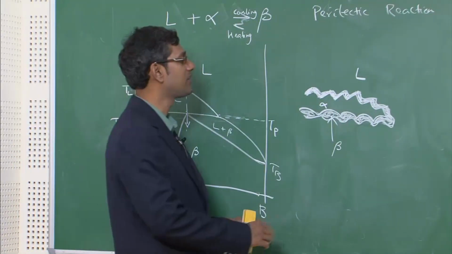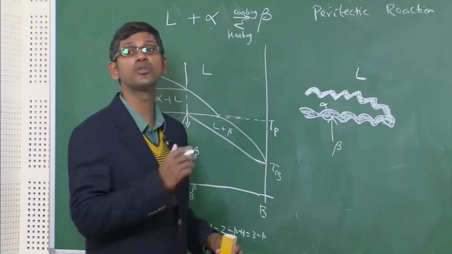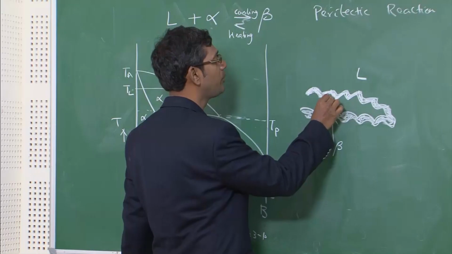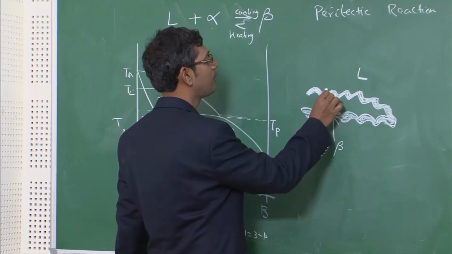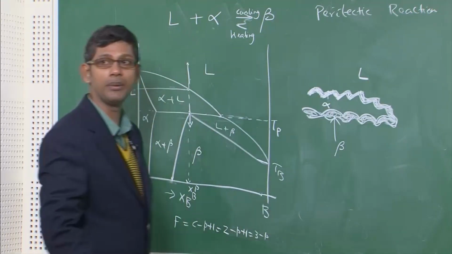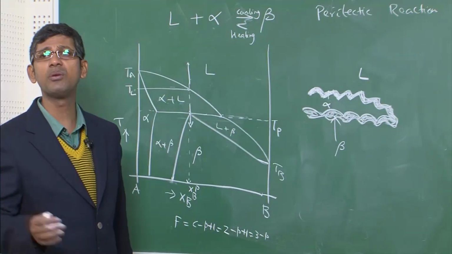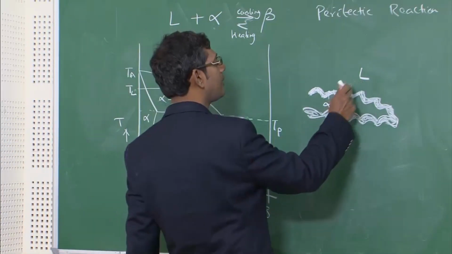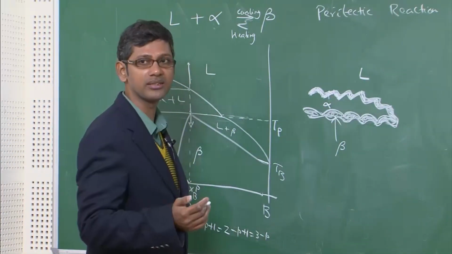In such a situation, for the reaction to go further, atoms in the alpha have to diffuse through this layer of beta and come in contact with the liquid, because reaction is only possible when there is a contact. And here it is a liquid and solid, so direct contact is required.